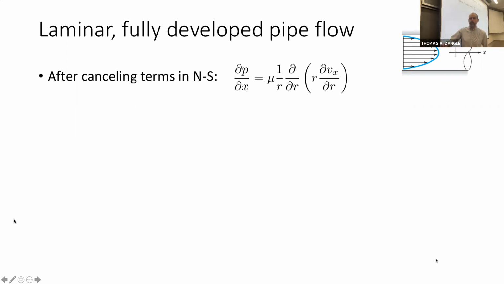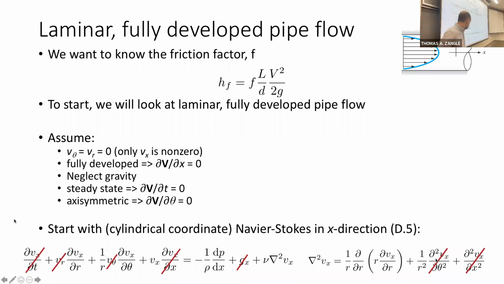You're correct. There should have been a 1 over rho. Let's go back. Here, this is where it went. It was minus 1 over rho dP/dx, right? And this nu is mu over rho. Sorry, not V. This is nu.